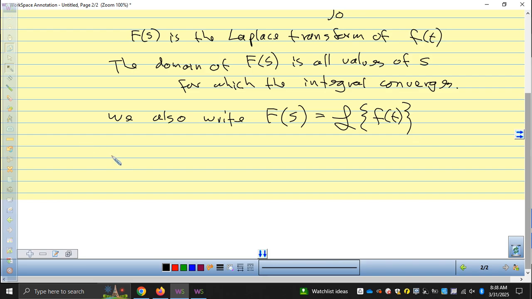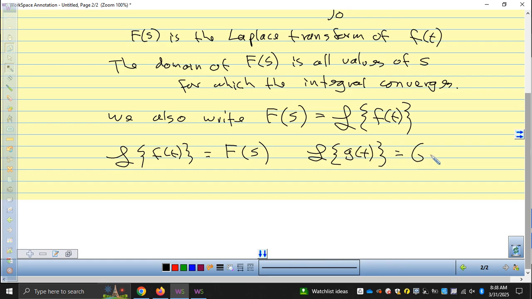So the Laplace transform of f of t is going to be capital F of s. The Laplace transform of g of t is capital G of s, etc.